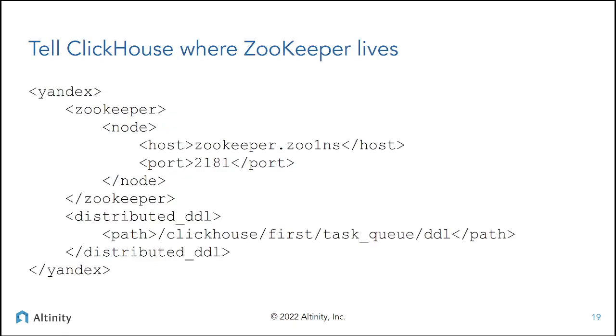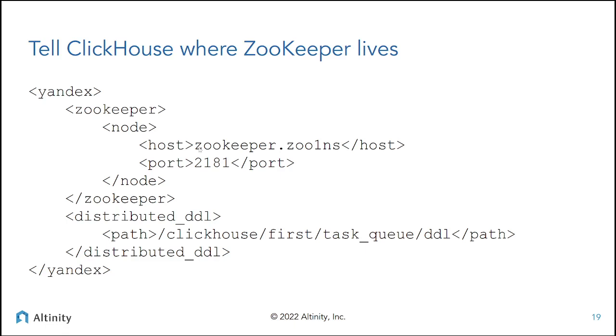Now, once you set Zookeeper up, you need to tell ClickHouse where it is. We do that with the Zookeeper settings, and normally what you'll do is put this in a file in /etc/clickhouse-server/config.d, and it'll just say something like, here are my Zookeepers.